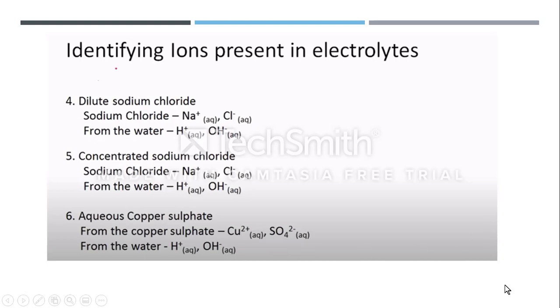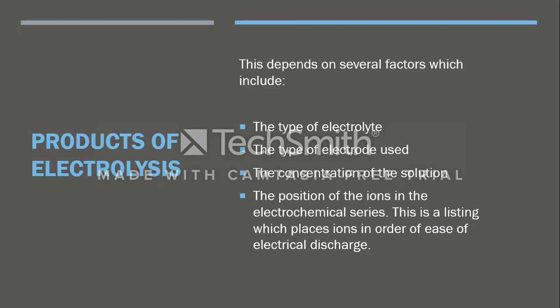When we have more than one type of cation or anion in our electrolyte, they sort of fight, right, to be discharged at the electrodes, and there are certain factors which affect how they are discharged or the products of electrolysis.